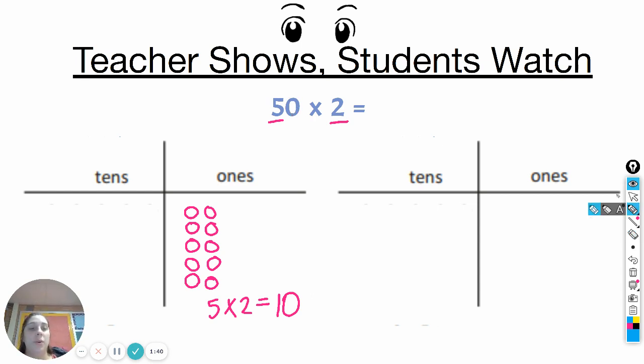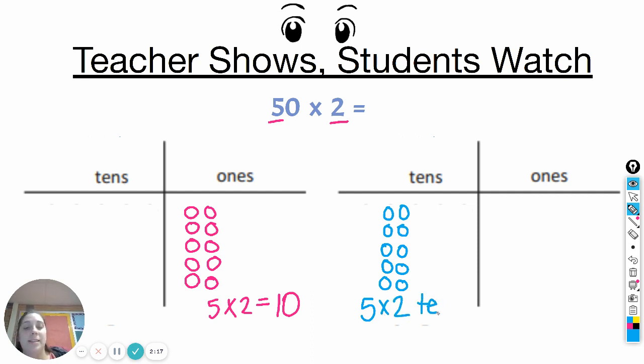So what I'm going to do is move that same picture into the tens place so that I have 1, 2, 3, 4, 5 rows of 2. Okay. But this is really 5 times 2 tens because it's in the tens place.